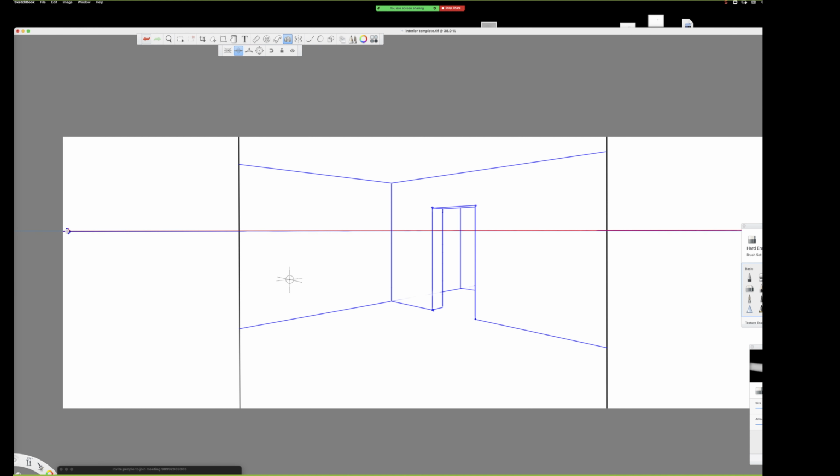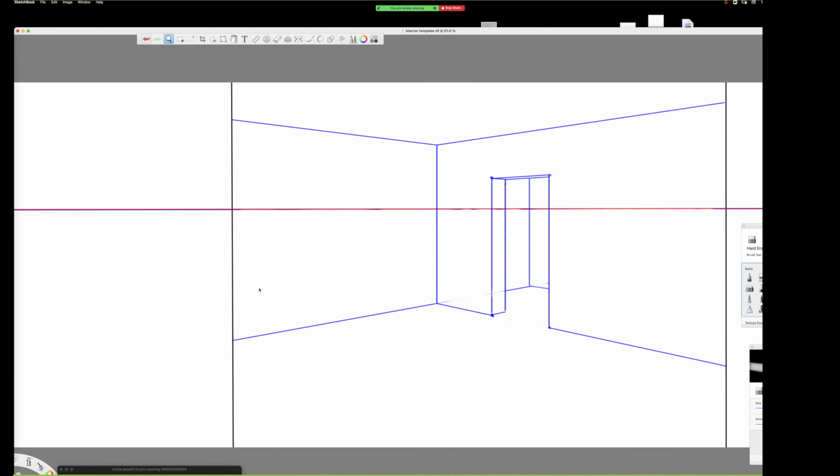So let's create the firebox first, which is that area in the wall that the fireplace lives in. So how would I start that out? 2 vertical lines. Yep. So it's just a rectangular shape, just like the doorway.